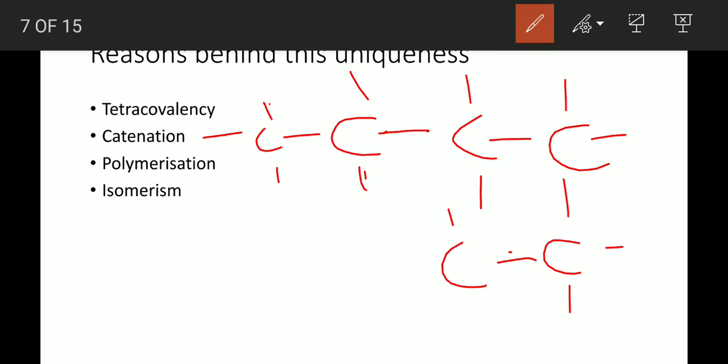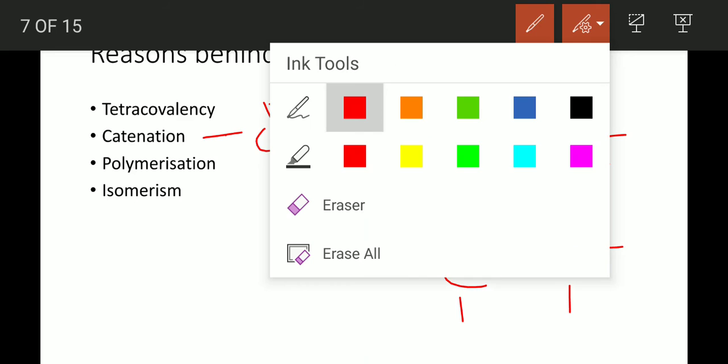It can make branched chains, and it can make closed chains, and it can make straight chains. Straight chain, branch chain, closed chain: these 3 it can make. This catenation is also a property which is possessed by carbon.